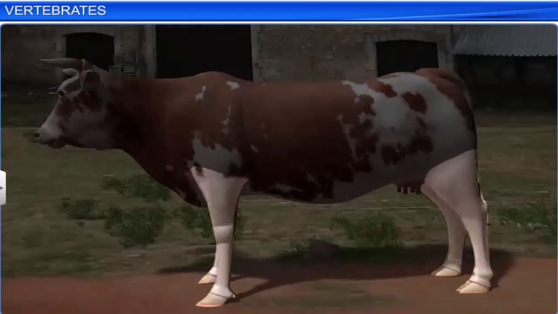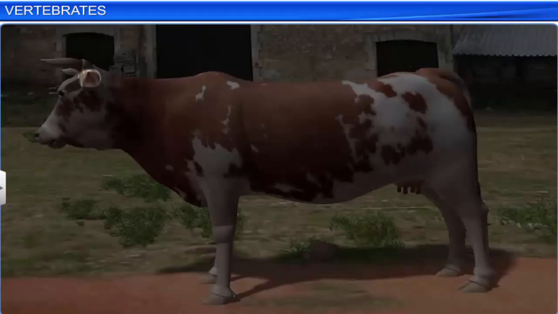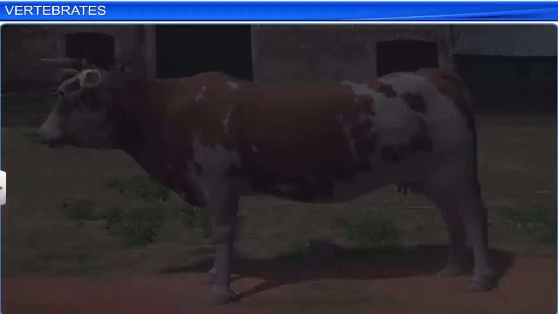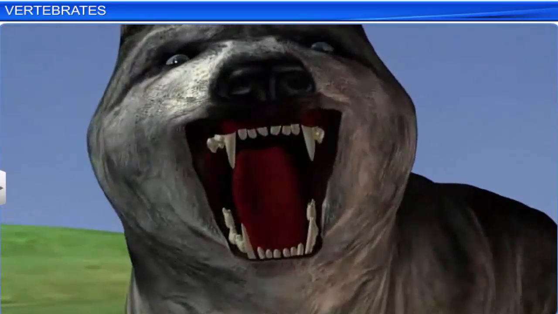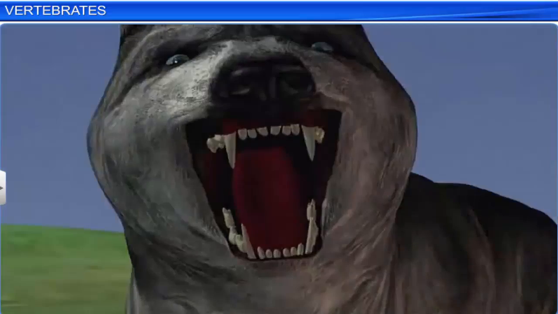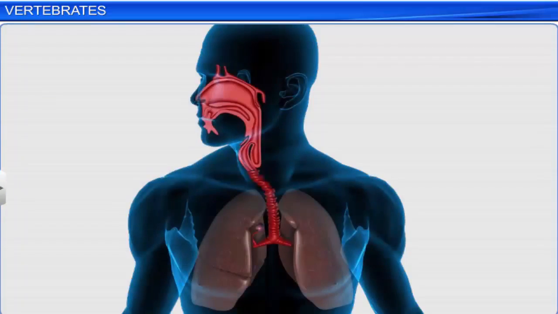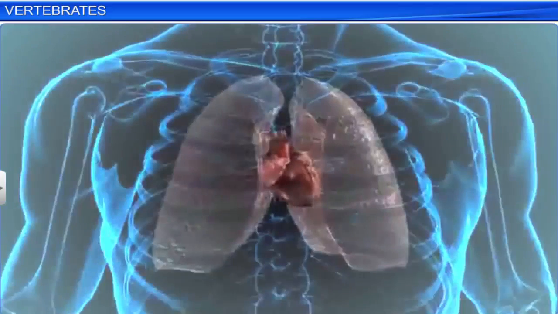They also have 2 pairs of limbs and 1 pair of external ears or pinnae, along with different types of teeth to tear, bite, cut, and crush. Mammals respire through lungs. They are warm-blooded and have a 4-chambered heart.